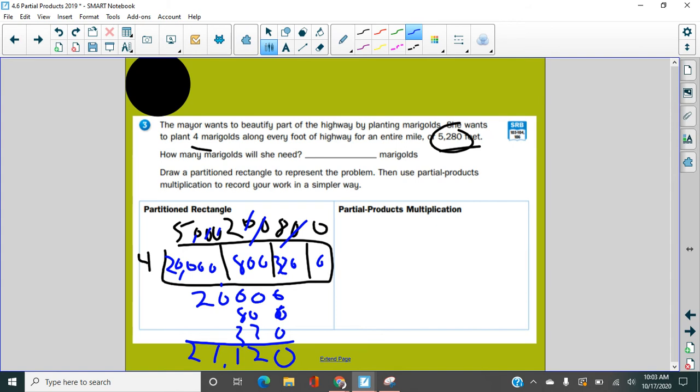Now watch what happens over here when I do this with partial products. Watch how some of the same numbers pop up here. Times 4.